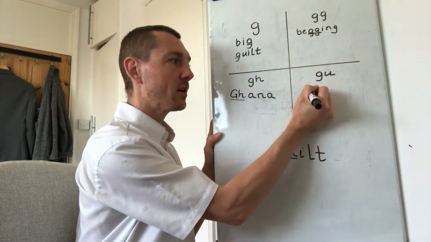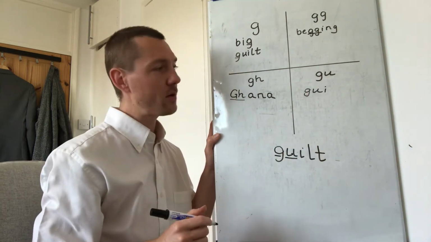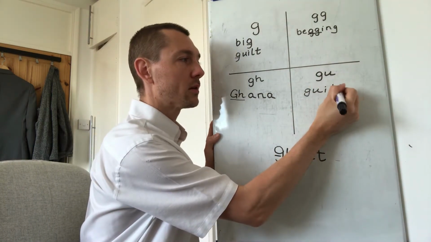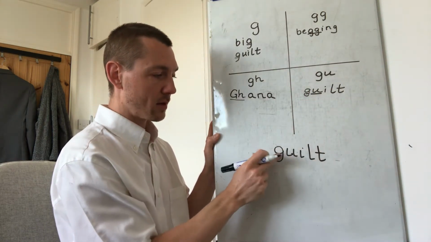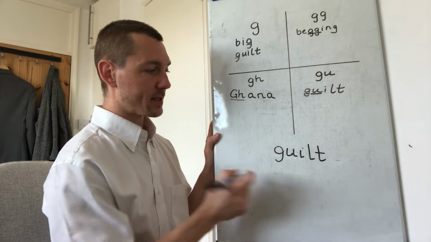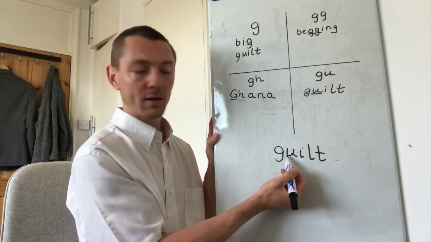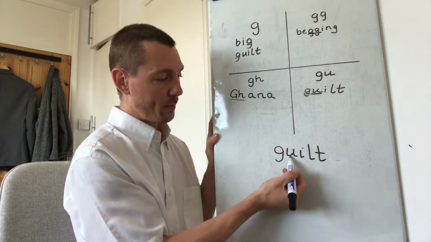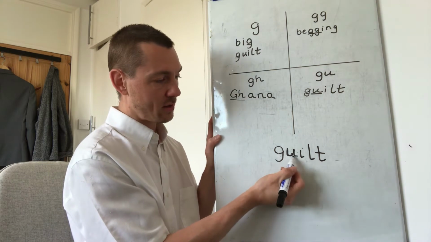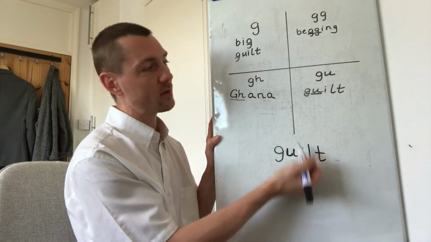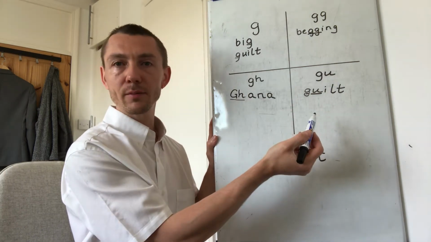And we can say G, I, with an I on its own, L, T. So it works both ways with guilt, because we've ended up with two letters, one sound, but the U can be used as one of the letters in either the G or the I sound, depending on how we want to do that. So we can just write it in both.